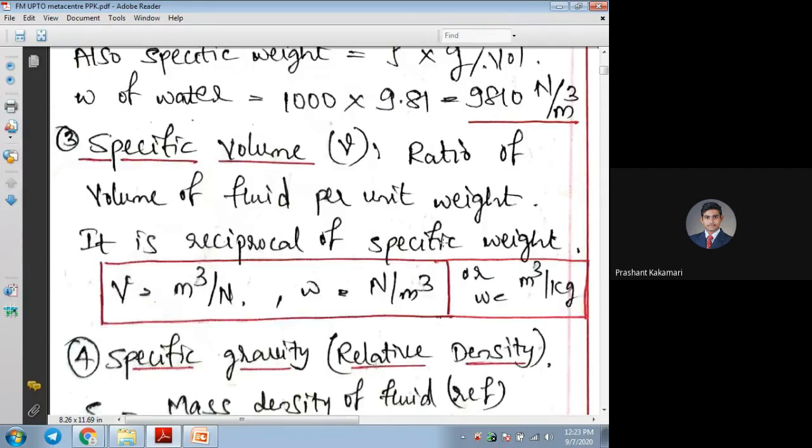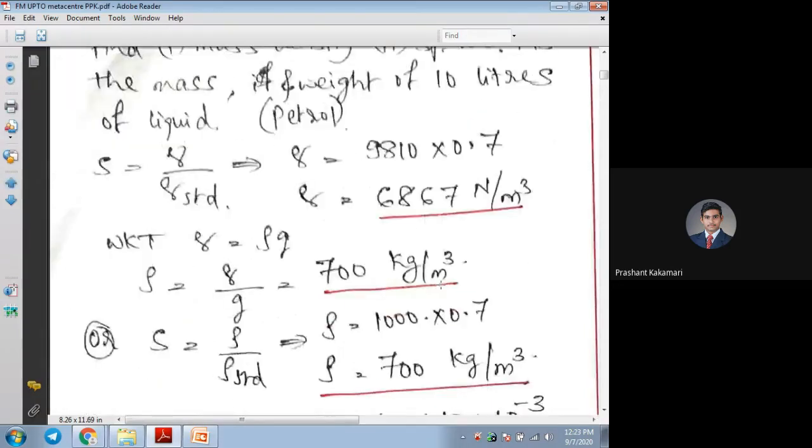Now you already know the density of the petrol, 700 kg per meter cube. So I will multiply just with 9.81, gravitational acceleration in meter per second square. If I multiply, you have to get 6867 Newton per meter cube. This is one of the ways you can find out the specific weight of the petrol.